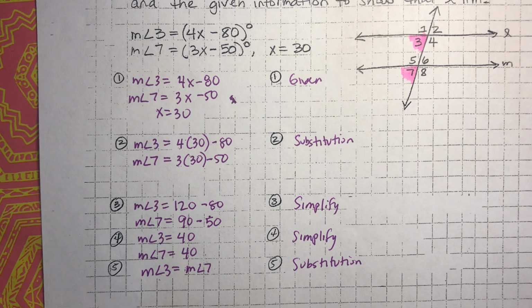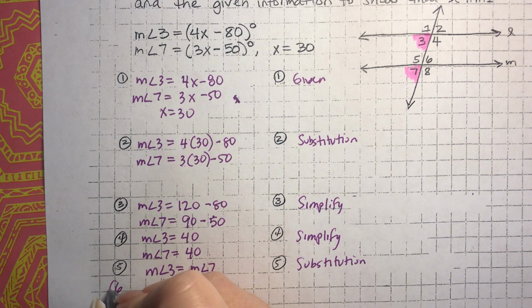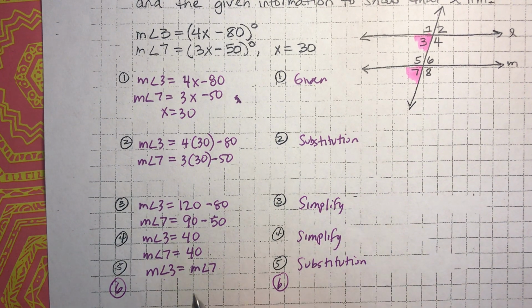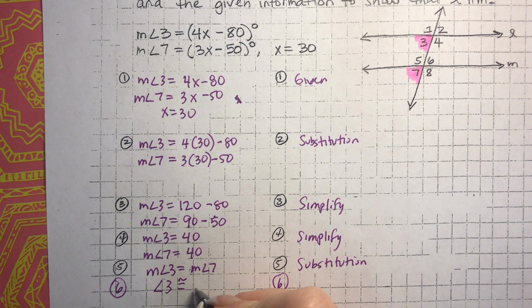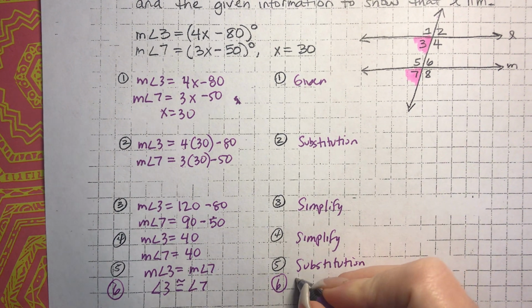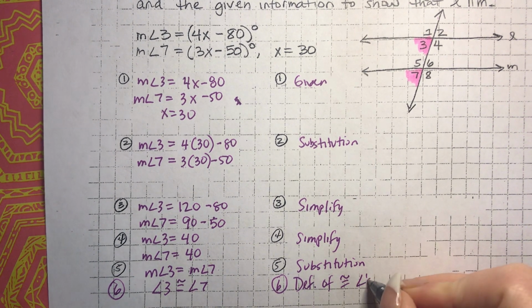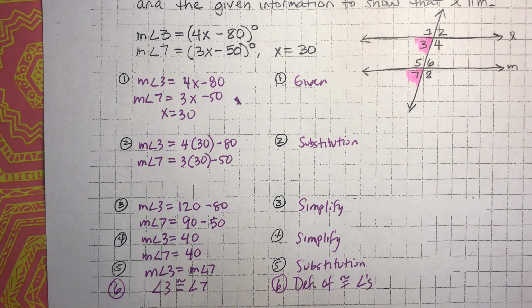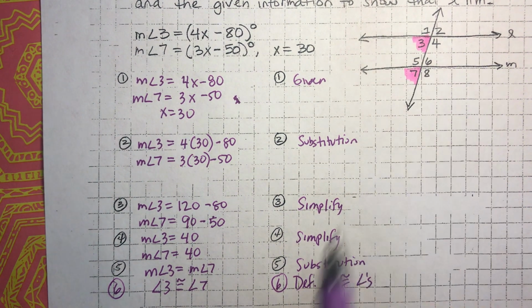Okay. So yeah, we have to change this to the congruent. So I'm just going to make a number 6 here. And then, you know, angle 3 is congruent to angle 7 by the definition of congruent angles. And then now that we have stated that 3 and 7 are congruent, we can actually say that those two lines are parallel.